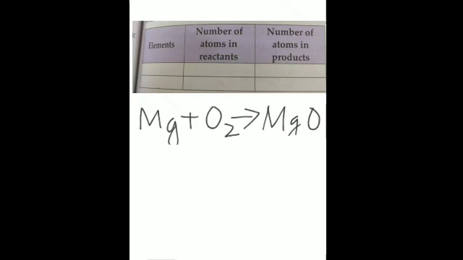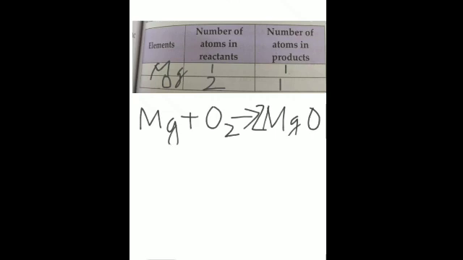So you write the elements which are there, that is magnesium and oxygen. Magnesium is how many? It is 1 and oxygen is 2, and here both are 1 and 1. So we put a 2 in front of magnesium oxide.